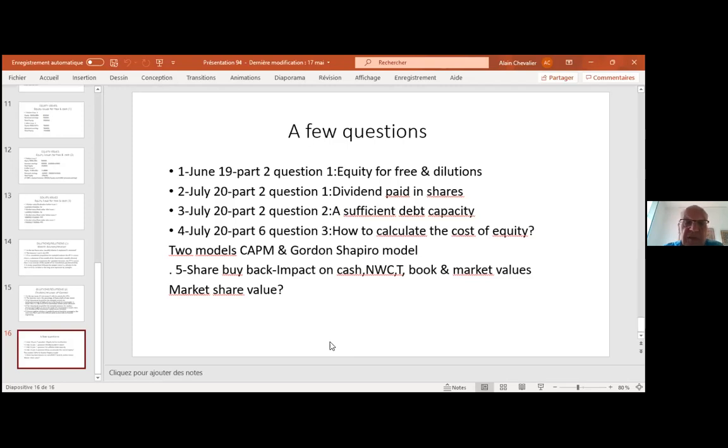But you understand that if the parity is 1 for 5 and you get 53 shares, the problem is only on 3 shares out of 50, which is in terms of consequences very, very limited. So the main conclusion is that with equity for free, in general, you don't have any dilution of wealth and control, or only very marginal consequences. This is what you can conclude.